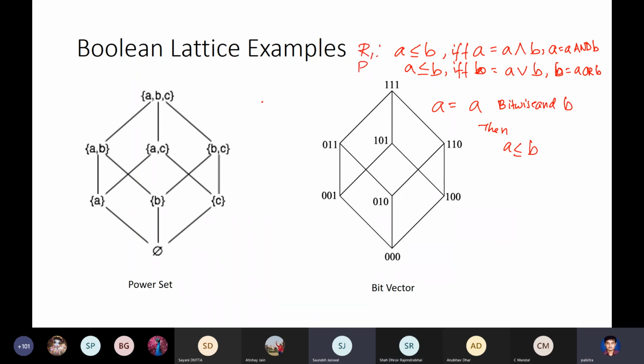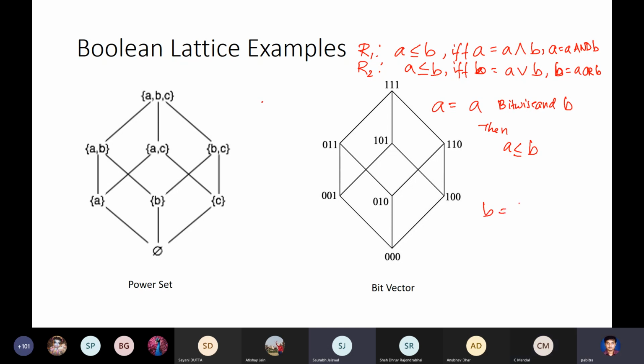Now I define relation 2 this way. That this is another relation. I'll say A is less than equal to B according to R2. Now R2 is defined this way. A is less than equal to B if B is equal to A bitwise or B. So this is rule 2.